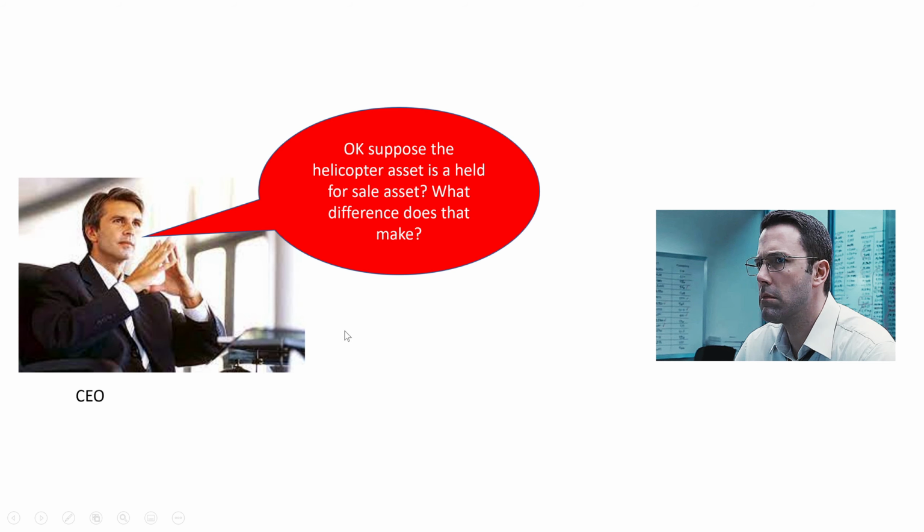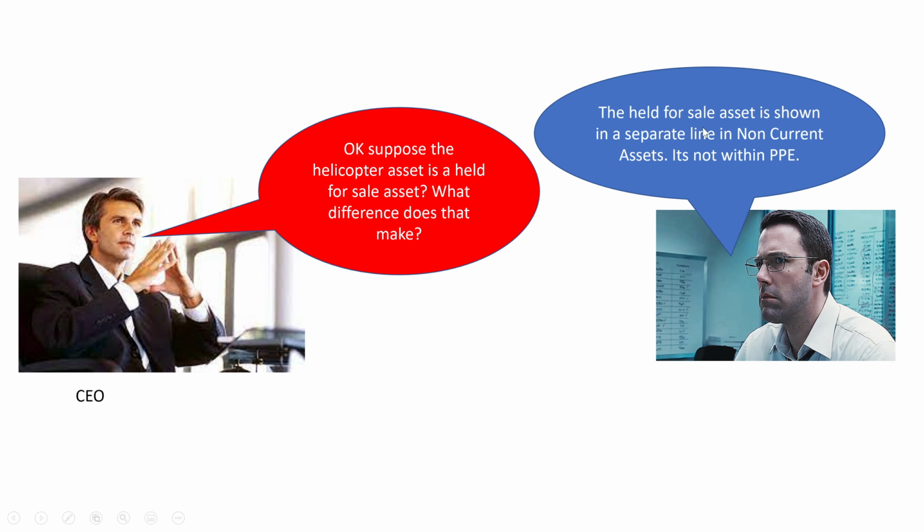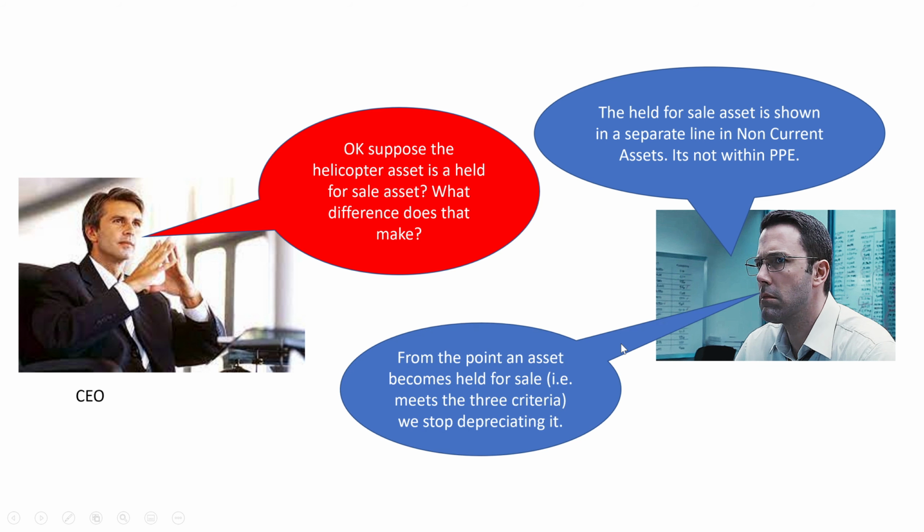Right, now suppose the held for sale criteria is met. What difference does that make? Well, the held for sale asset is shown as a separate line in the non-current assets. It's not within PPE. And from the point an asset becomes held for sale, i.e. meets the 3 criteria, we stop depreciating the asset, because we're not using it over its useful life anymore.